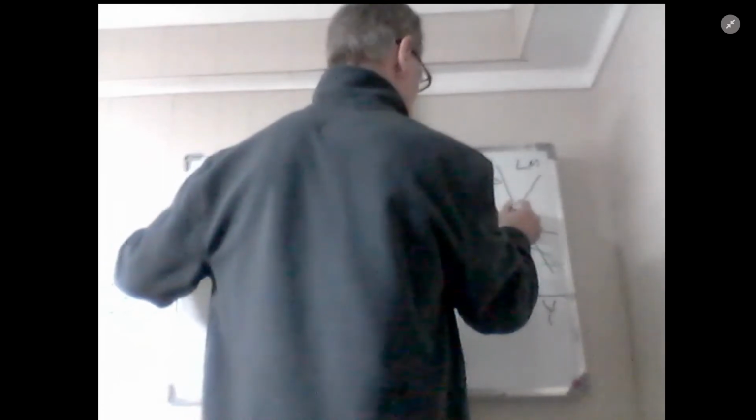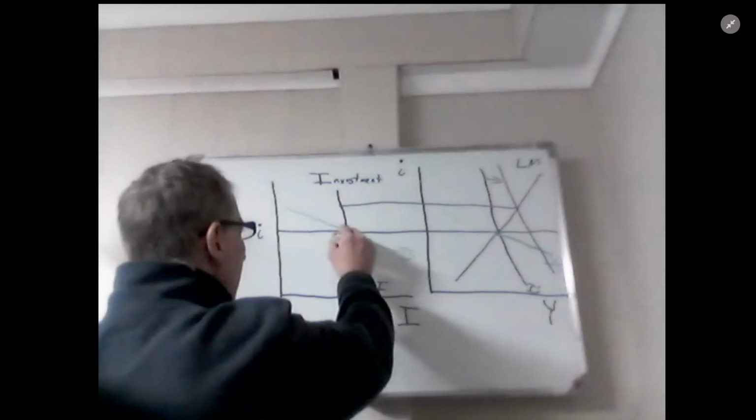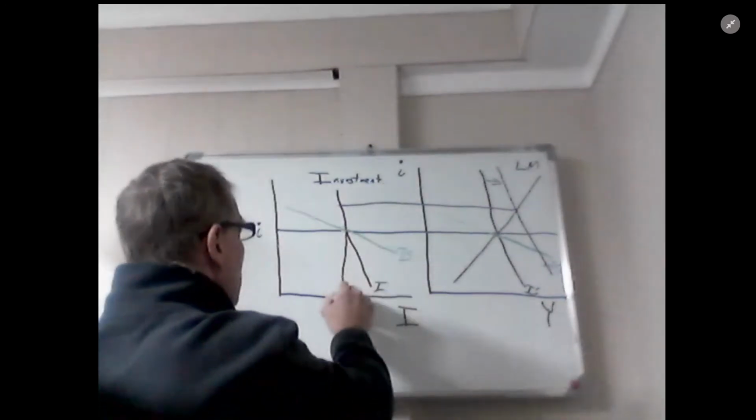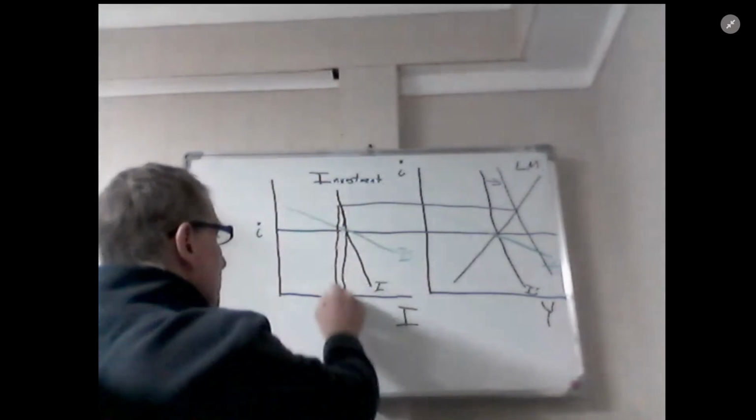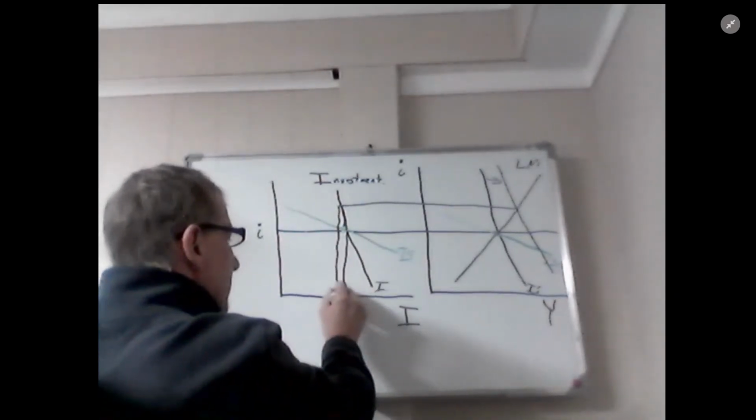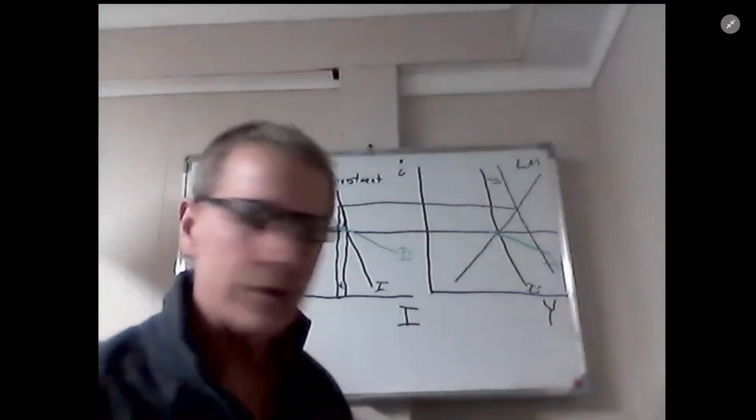Okay, well, what's happened here? We have much higher interest rates. Investment has fallen, but not very much. We see investment falling by a little bit. There's only a little bit of crowding out.